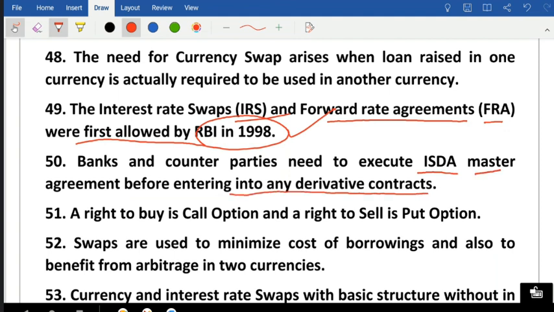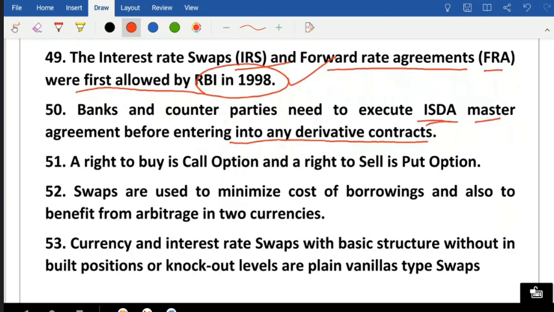What is the full form of ISDA? The full form of ISDA is International Swaps and Derivatives Association.